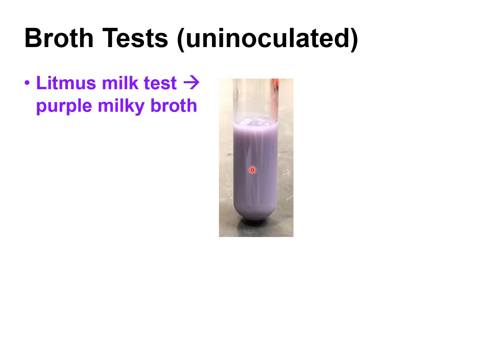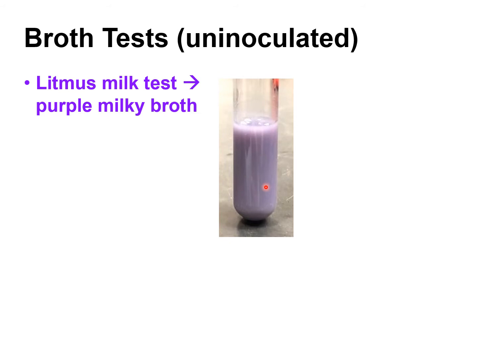So if the media is neutral, basic, or acidic, that litmus is going to change its color. Purple is the color of neutral, like a neutral solution would be purplish in color.